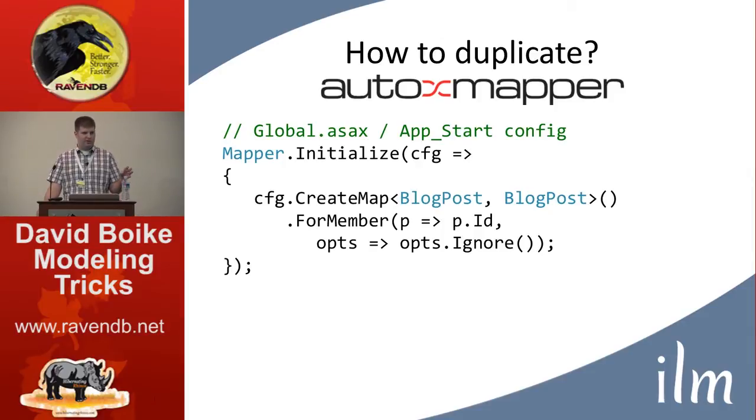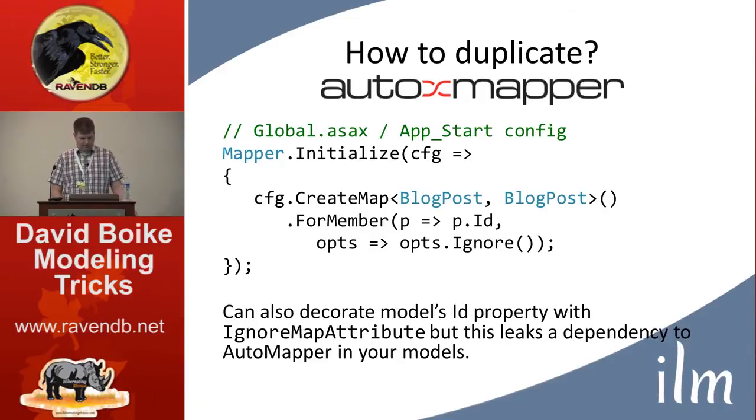Because if we just took one blog post and we said, hey Raven, store this with another ID, it's going to get a little upset with us. So we need to copy it to a different object, preferably without serializing it to JSON and serializing it back. I can also decorate the model's ID property with the ignore attribute, but then you leak a dependency to AutoMapper in your models, which isn't always a good thing.